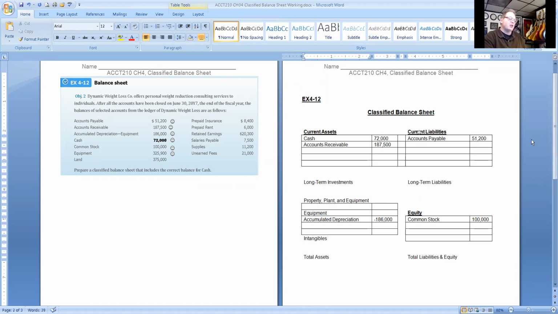Now it is long term, and intangibles are long term. So they will be long term, but probably be here.